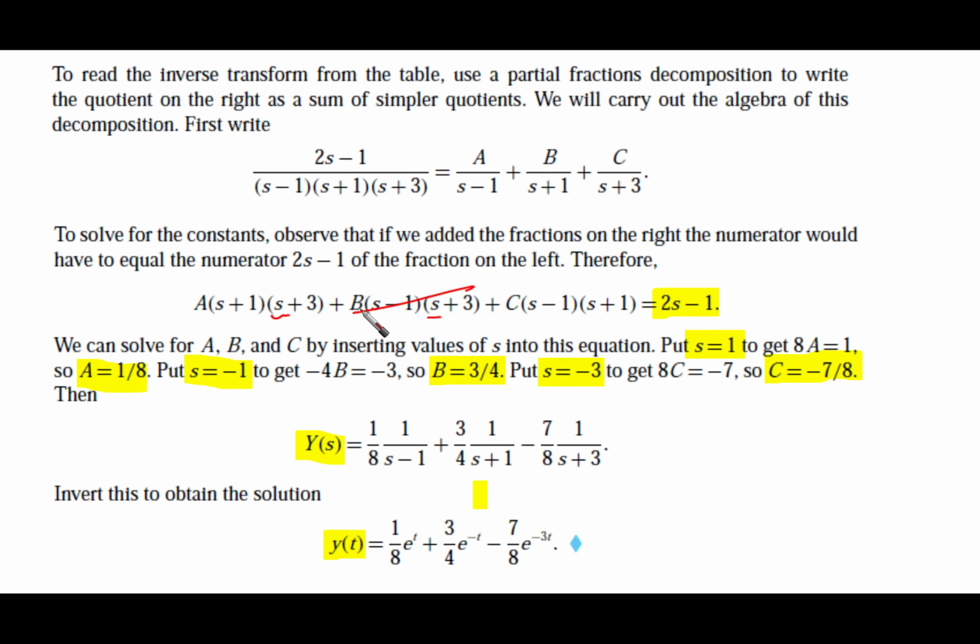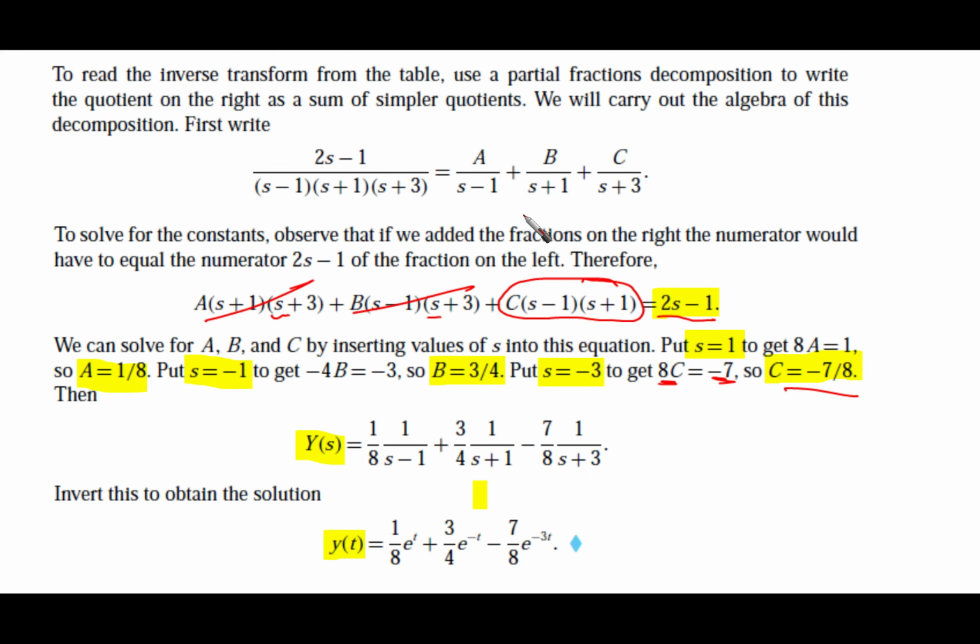So we will get rid of this and this term. And then here, it will be 3, right? Minus 3 here, minus 1, and minus 3 plus 1. It will have a value here, which is 8c. And the right-hand side is going to be 2 times minus 3, minus 1, which is minus 7. We can obtain c equal to minus 7.